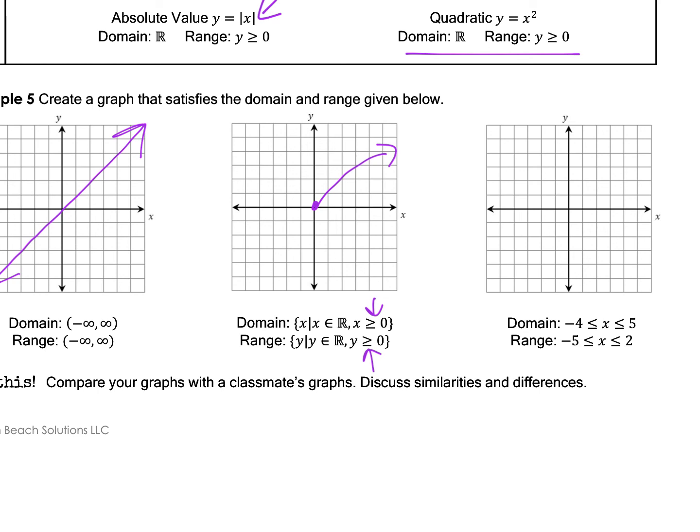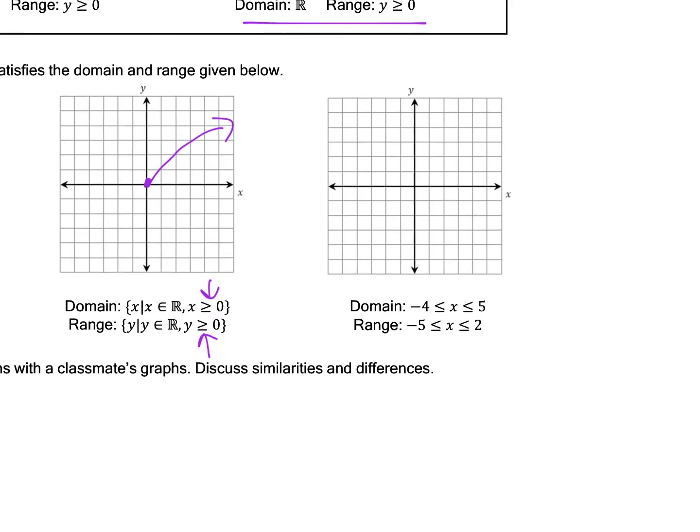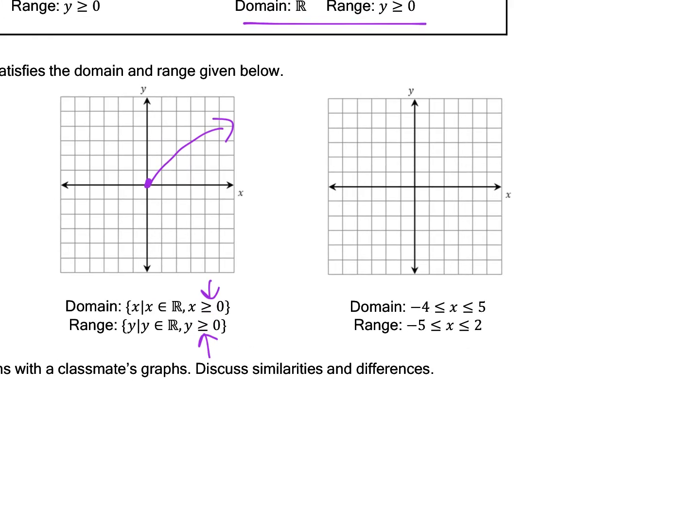Okay, so this next one, the domain is between -4 and 5. So it is including all those decimals and fractions in between -4 on the x, which is there, and +5 on the x as well. 1, 2, 3, 4, 5.